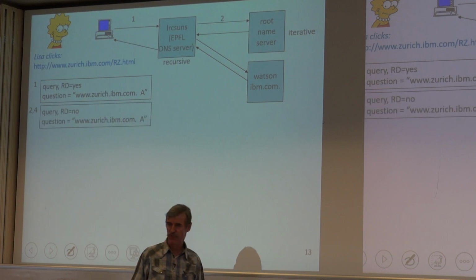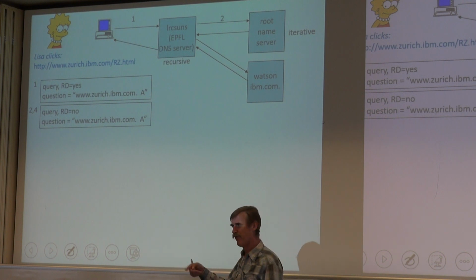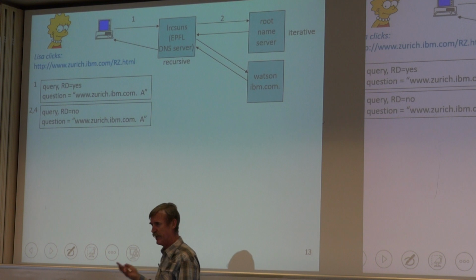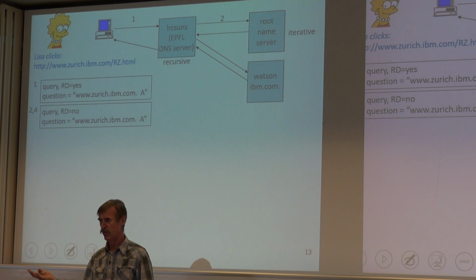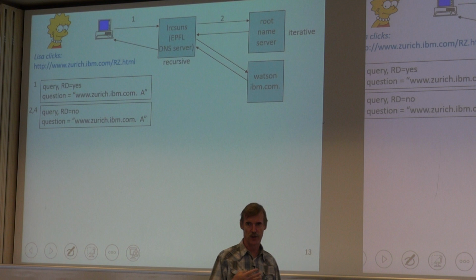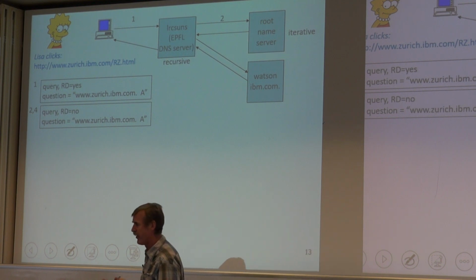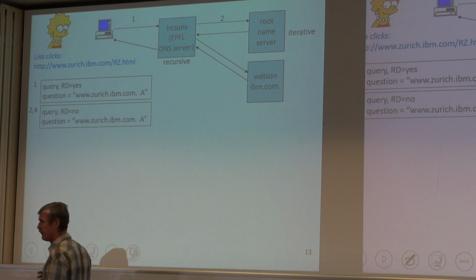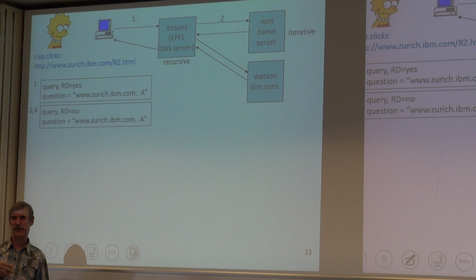The server is recursive. Recursive means that it will try to solve the query completely. Most servers are not recursive. If you go to a Google server, it will not solve the query completely because that gives a lot of work to the server. But that's what is done if you access the EPFL DNS server, 15.7 or 15.8, and your IP address is inside EPFL.